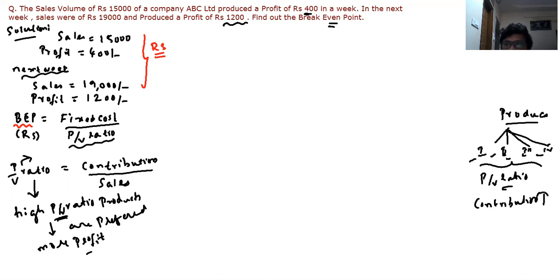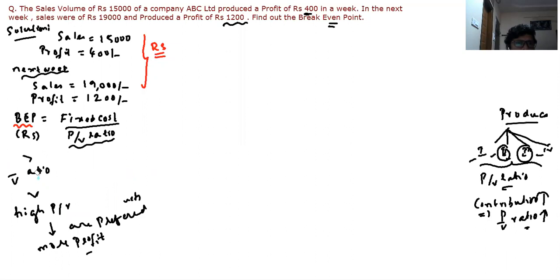If the contribution is high in a particular week, it implies the P by V ratio of the product in that interval will be high. For the complete concept of profit volume ratio, you can refer to the theory part of my videos related to break-even analysis.